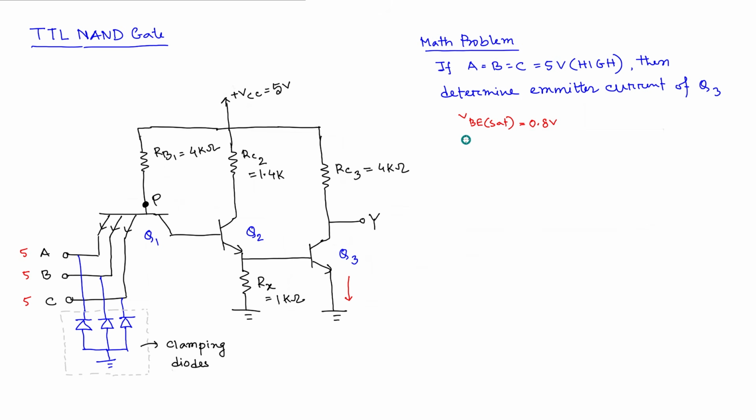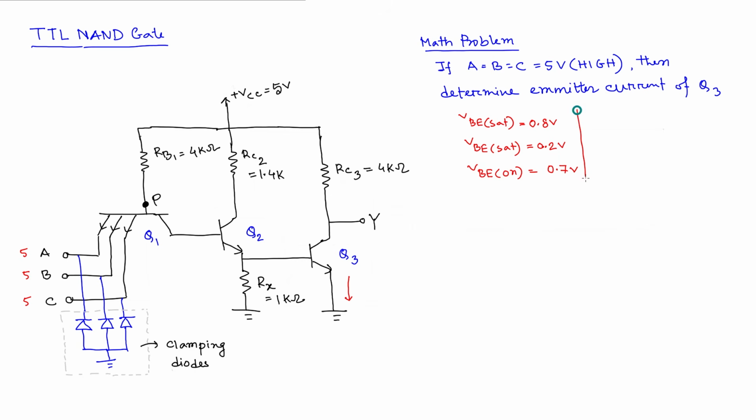And let's say VCE sat is equal to 0.2, which we always have used, right? Then VBE on, just for making a transistor active, the base to emitter voltage is 0.7. These are the three things already given to us, let's say. Okay, so then how can we solve that?